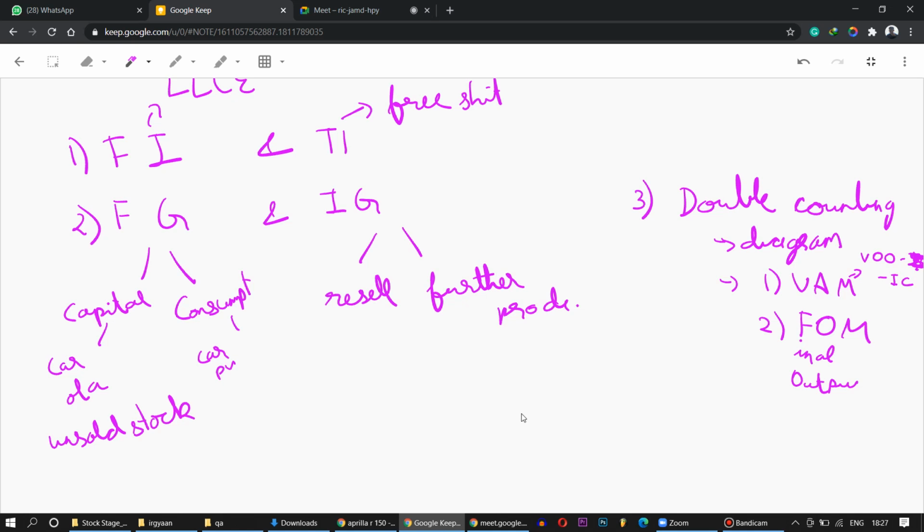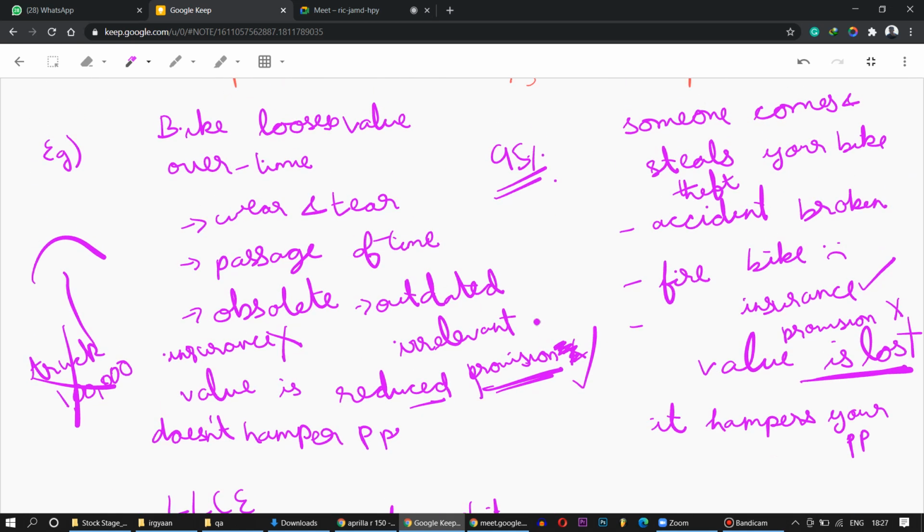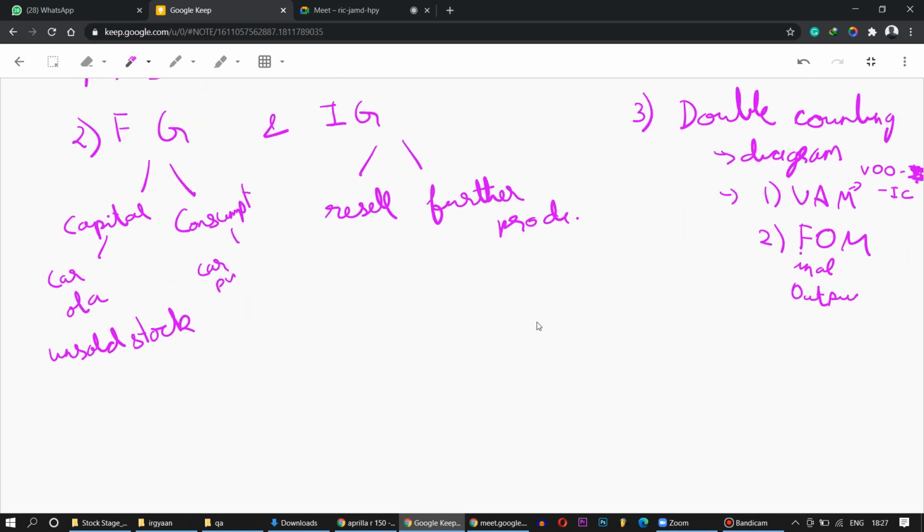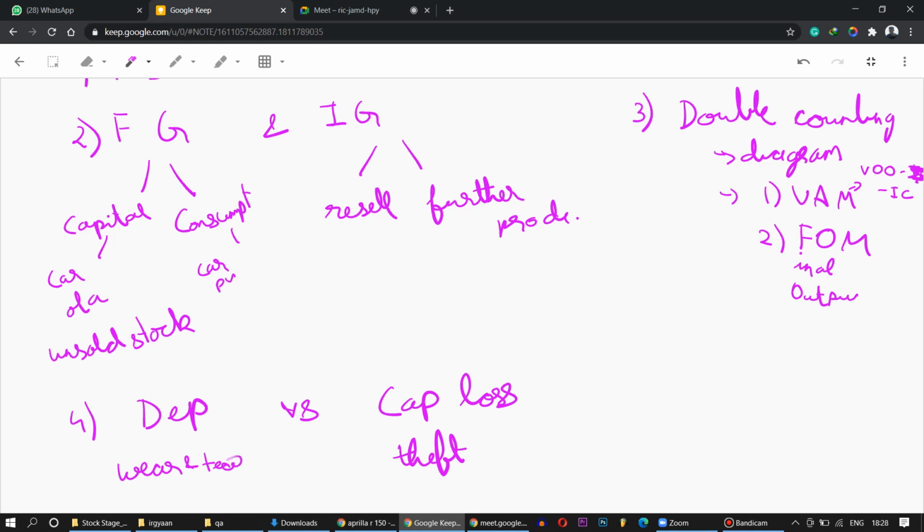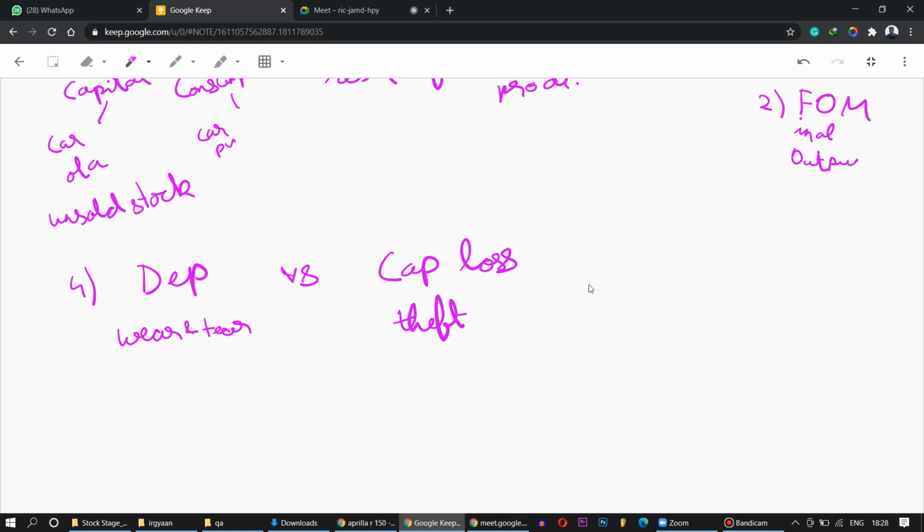Great. You had double counting, and last but not least, we studied depreciation versus capital loss. This is theft. This is wear and tear. This is outdated, obsolete, and in this case, it gets into an accident.